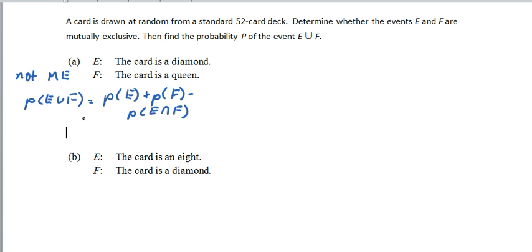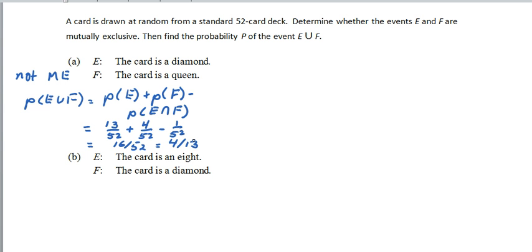And there's one way that that can occur. So this is going to equal 13 over 52 plus 4 over 52. There are 4 queens, but we have to take 1 over 52 away because of the queen of diamonds. So this leaves us with 16 over 52, or 4 over 13 as the probability.